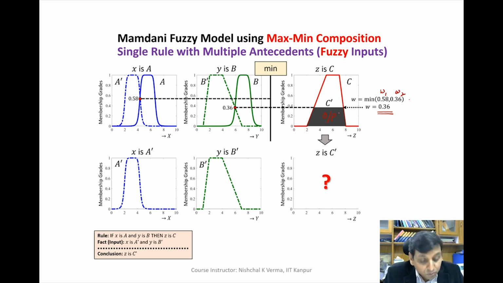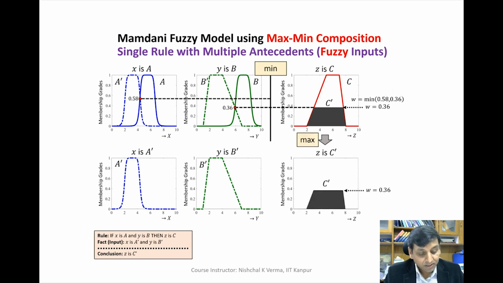We have only one rule, so this is the output of this rule. If we had multiple rules, which we'll see in coming slides, then we would have taken the max of all these. We would have aggregated the outputs of all the rules. Here, since we have only a single rule, this becomes the output corresponding to the inputs X is equal to A dash, Y is equal to B dash, connected with AND.